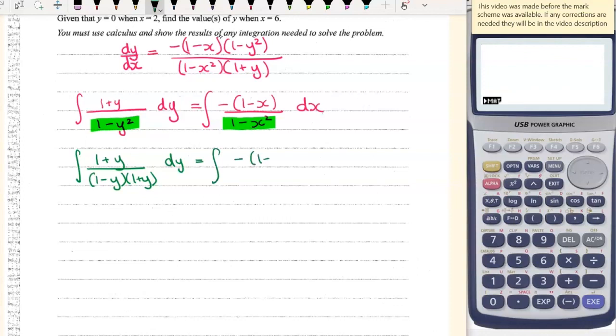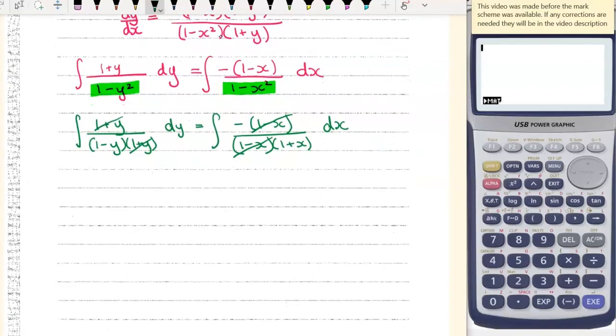And this is 1 minus x, 1 plus x. So now you can see we can cancel through those brackets there and this one here. And we're left with this being the integral of 1 over 1 minus y and the integral of minus 1 over 1 plus x.